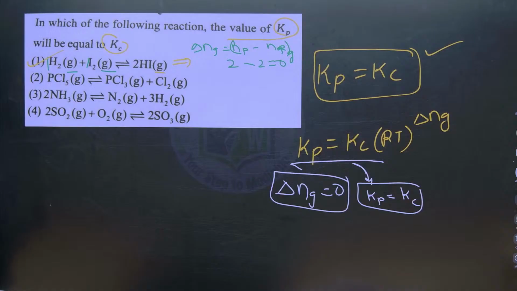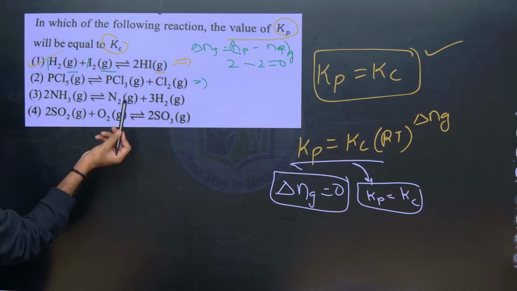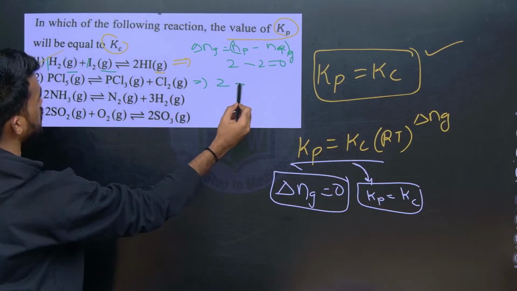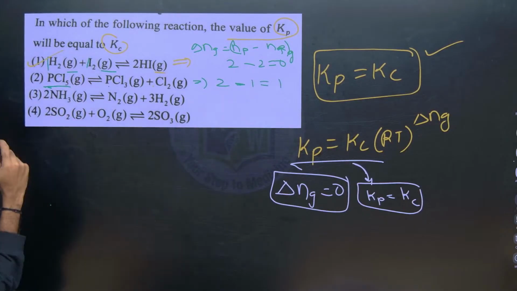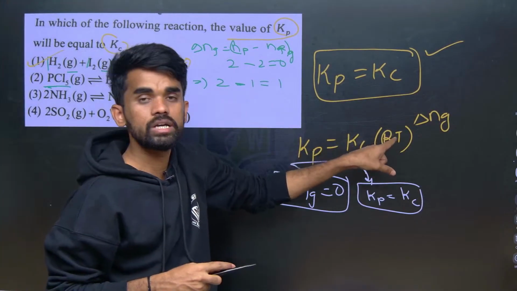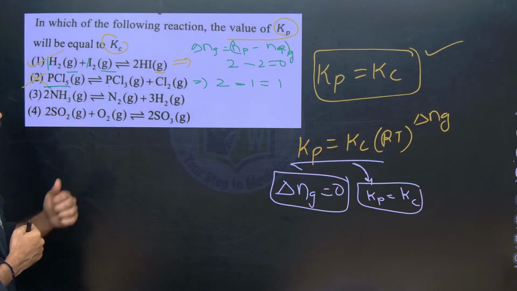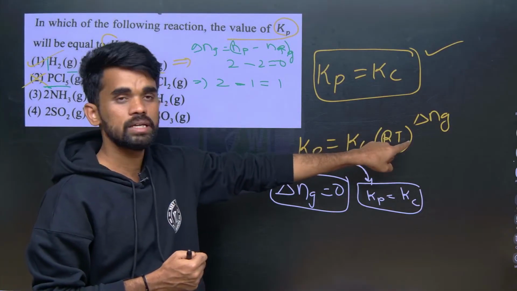Now for the second case, products are 1 plus 1, 2, minus reactants, here also gaseous, 1. So delta Ng is 1. Delta Ng is 1 means the RT is there, so Kp and Kc are not equal. In this second case Kp equals Kc into RT power 1.